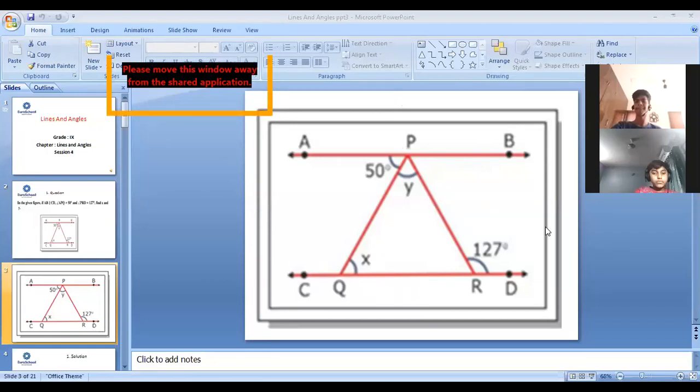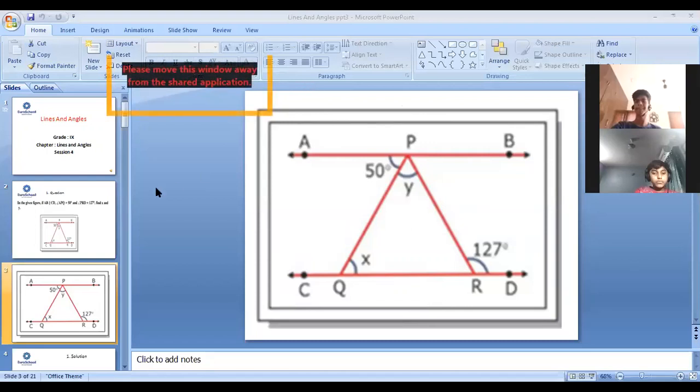Now observe this figure, children. What is given in this? According to the question, line AB is parallel to line CD. So all the properties, do you remember children? Alternate interior angles are equal. Which is the letter which represents alternate interior angle? Where can we see the alternate interior angles?